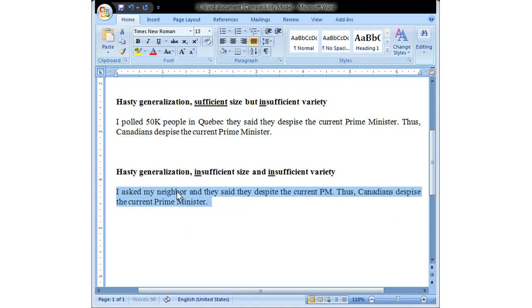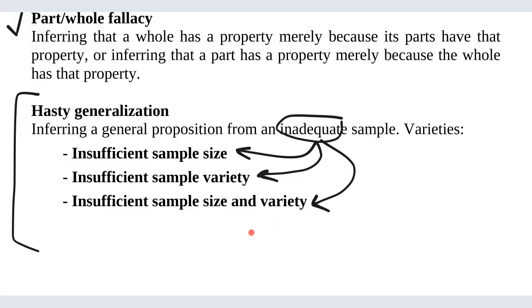You can see here, this is a dramatic example. You're using the sample. The population is Canadians. The sample is one person. That's what we call anecdotal evidence. It's a sample of one. That's horrendous, right? And so this is a case of insufficient size and insufficient variety. Those are the 3 possibilities that I want you to be able to track.